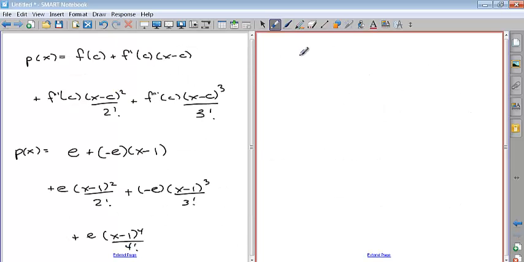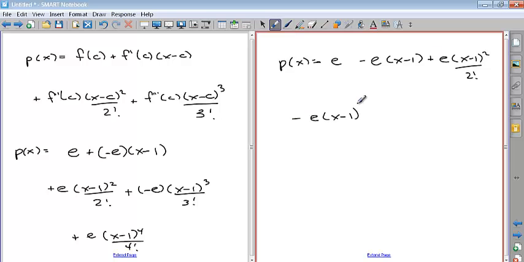So let's do the final one where we take the negative sign and move it out. You get e minus e times x minus 1 plus e times x minus 1 squared over 2 factorial minus e times x minus 1 cubed over 3 factorial plus e times x minus 1 to the fourth over 4 factorial. So that was 5 terms.